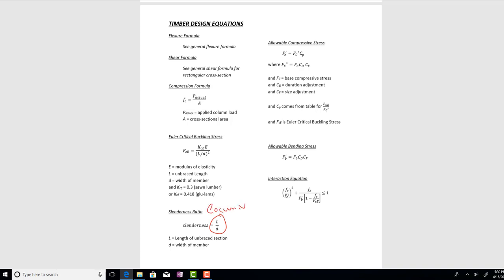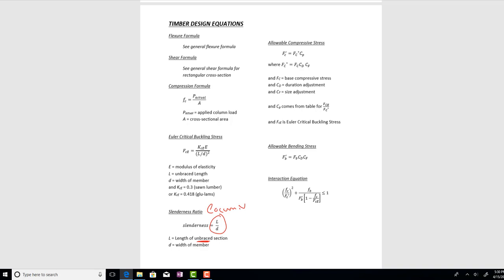is the length of the column, technically the length of the unbraced part of the column, divided by the width of the member. And you'll recall that for braced columns we had to check the strong axis and the weak axis.